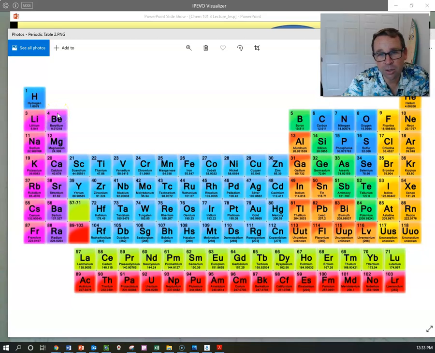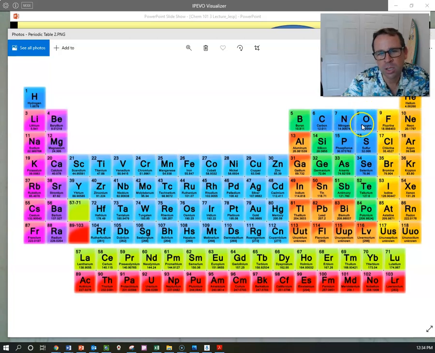The alkaline earth metals, that's the second column, they all want to lose 2 electrons because they're 2 columns away from the noble gases. The halogens, fluorine, chlorine, bromine, iodine, the second column from the right, they all want to gain 1 electron.